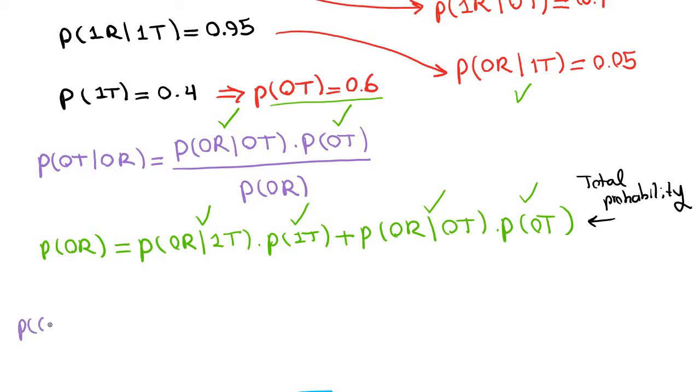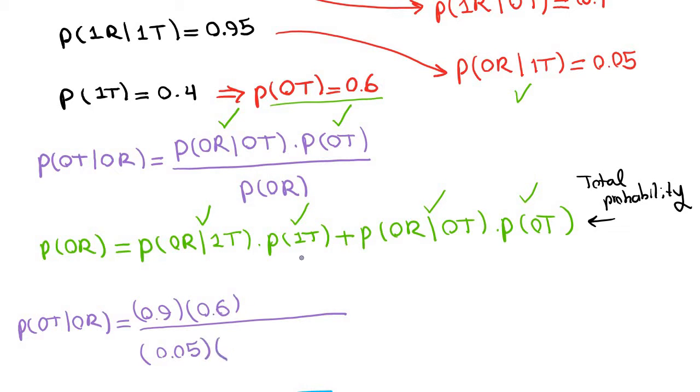So I say probability of 0t given 0r equals 0.9 times 0.6 over, in the denominator, 0.9 times 0.6 plus 0.05 times 0.4.